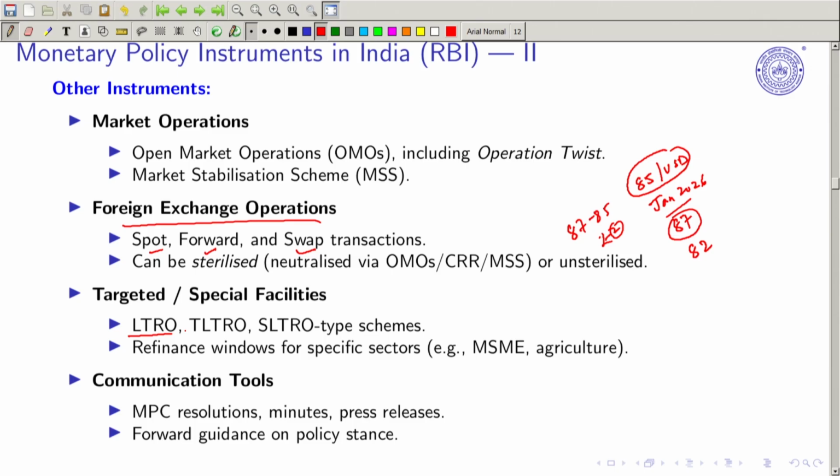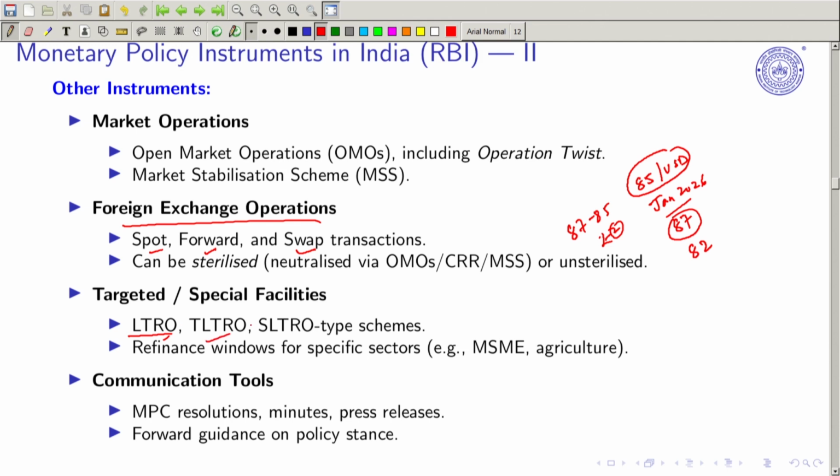TLTRO is again a very specific one, and here we have the short term or special long term repo operations, which means that, for example, for MSMEs, micro small medium enterprises, if the government wants to support them, it can be done through that. So, MSME, agriculture. So, long term operations.